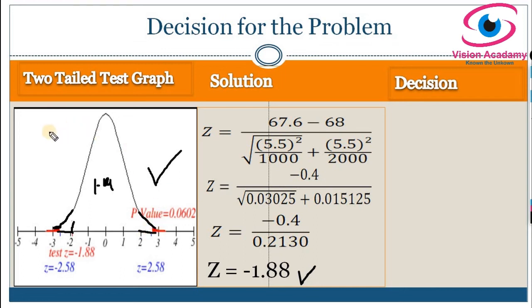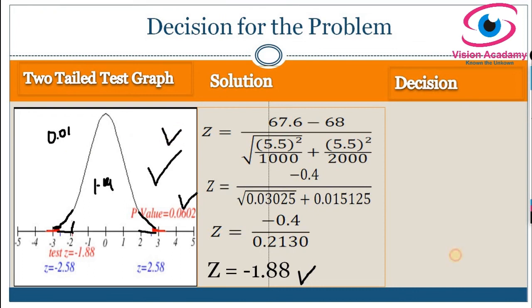Comparing the p-value with the significance level, you can also take the decision. With the help of the p-value, you can also retain the null hypothesis. Our p-value is 0.0602, whereas our significance level is 0.01. Since the p-value is greater than the significance level, we retain the null hypothesis.